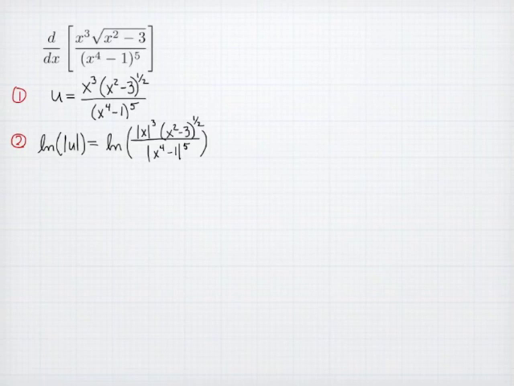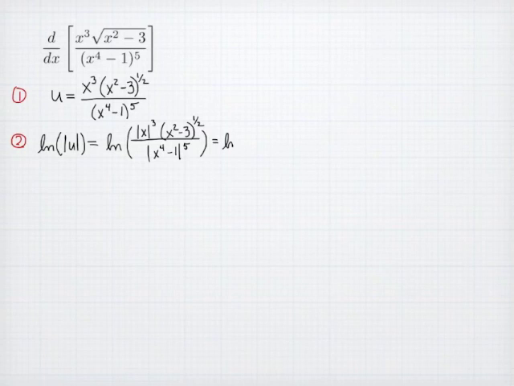So there's our logarithm. And the properties will allow us to take the logarithm of a quotient and turn it into a difference, and the logarithm of a product into the sum of logarithms.